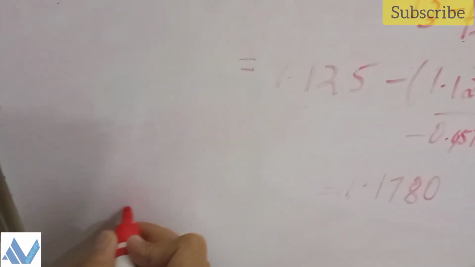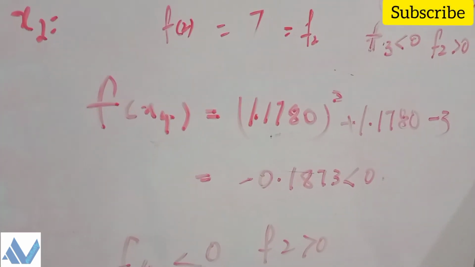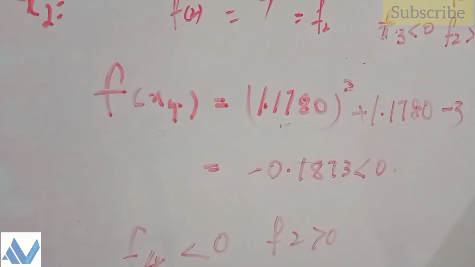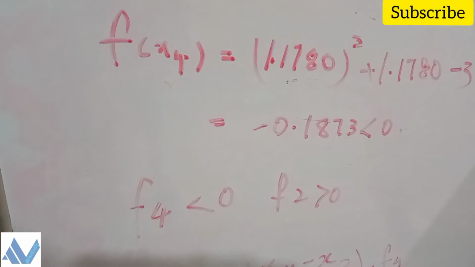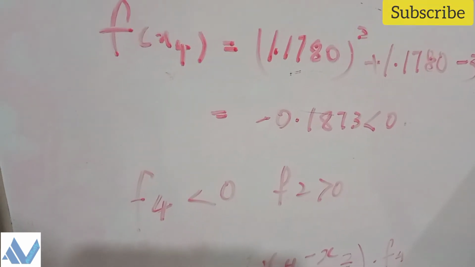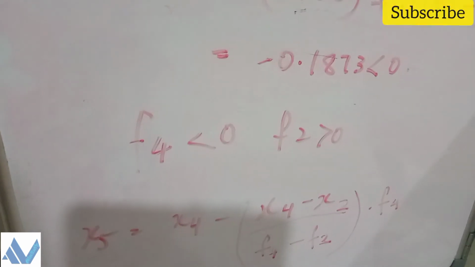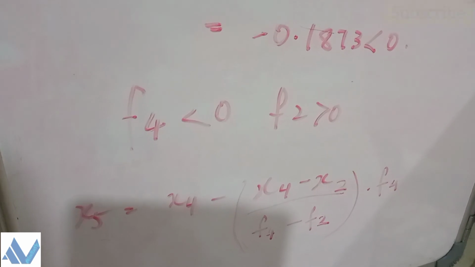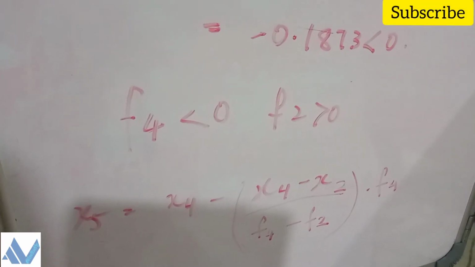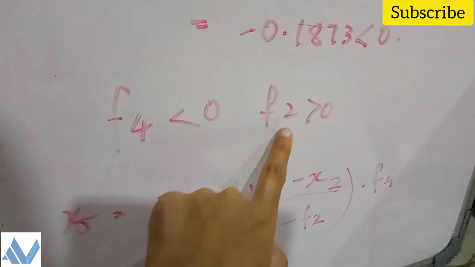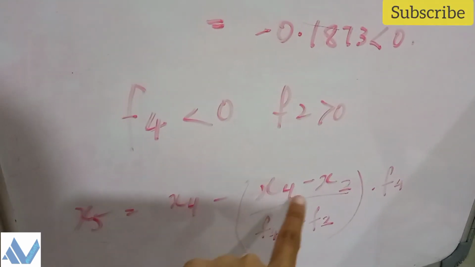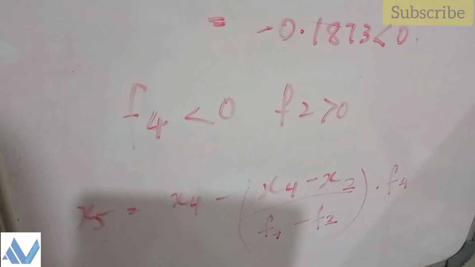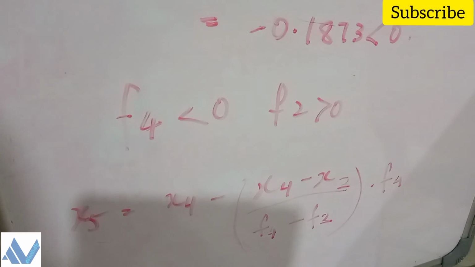Substituting this value in f of x, after getting the x4 value we have substituted in the equation and we have got minus 0.1873 which is less than 0. So f4 is less than 0 and f2 is greater than 0. So accordingly we are writing the next formula as x5 is equal to x4 minus x2, f4 minus f2 into f4. So x4 minus x2, f4 minus f2 into f4, and now we substitute accordingly.